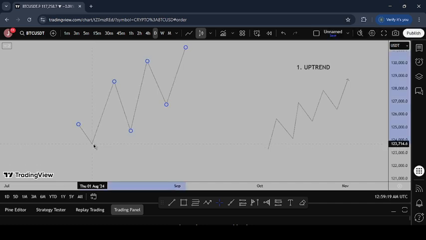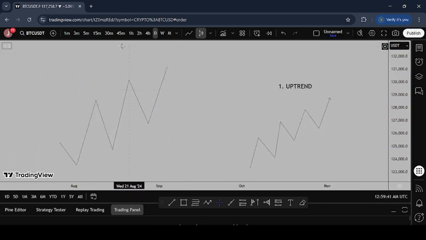The market decided to buy from this low and made an impulsive move up. So to trade with the trend, we wait for the market to retrace back down, then we enter to continue with the trend. That is how to trade the trend.